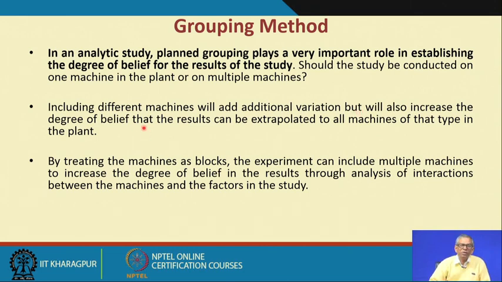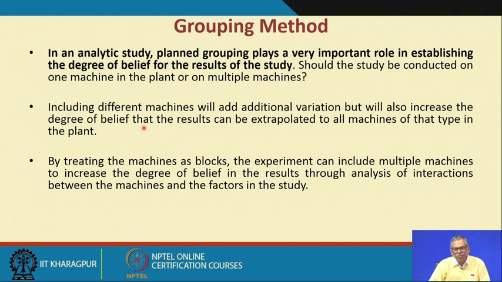Suppose you want to study the performance of a particular CNC machine. If you restrict yourself to just one particular CNC machine, whatever results you obtain are applicable only for that particular machine. Now suppose you want to generalize, since machining centers are CNC type.